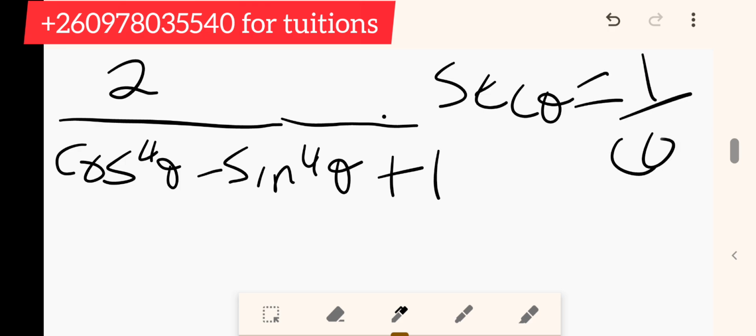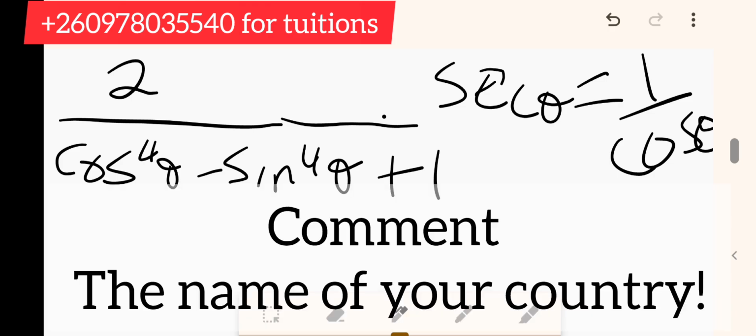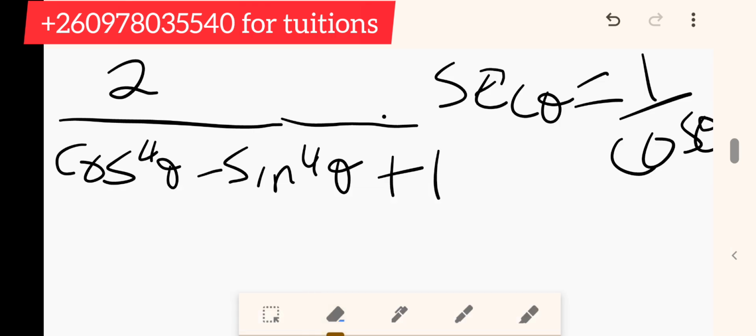Cosec theta is the same as 1 over sine theta. I hope my voice is audible enough for you to understand. So sec theta is the same as 1 over cos theta. If you know this rule, then the job is almost done.